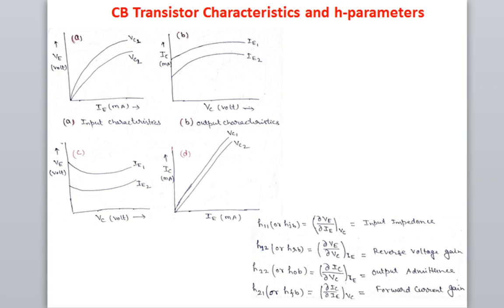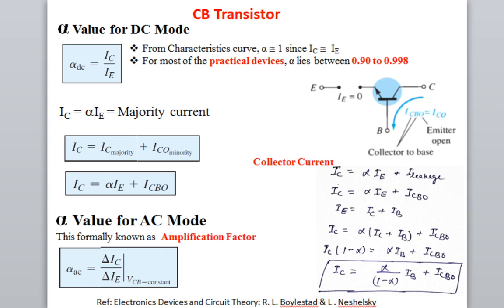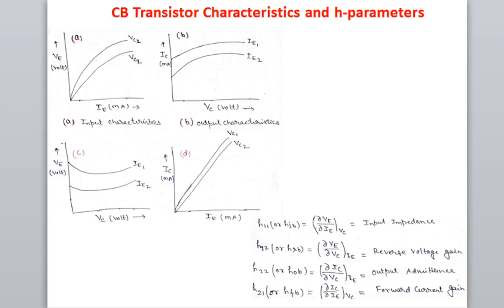So in the common base transistor, another very important parameter is the alpha value. As I discussed here, that is basically HFB, the forward current gain.